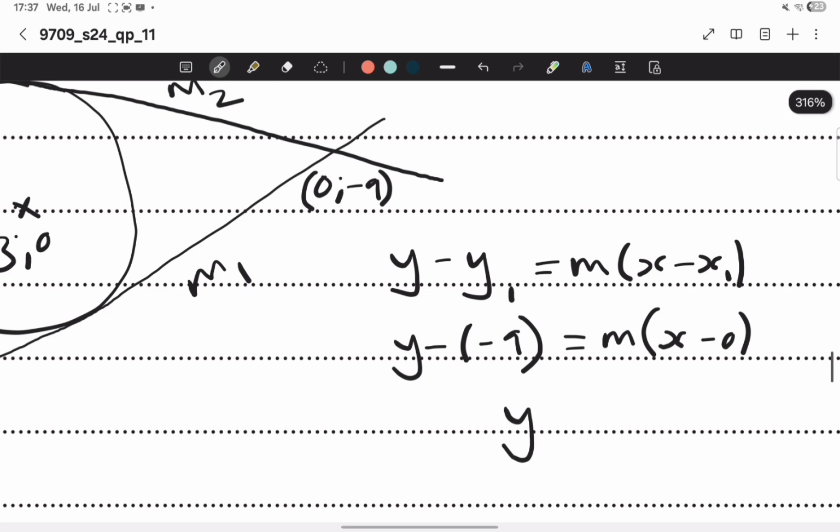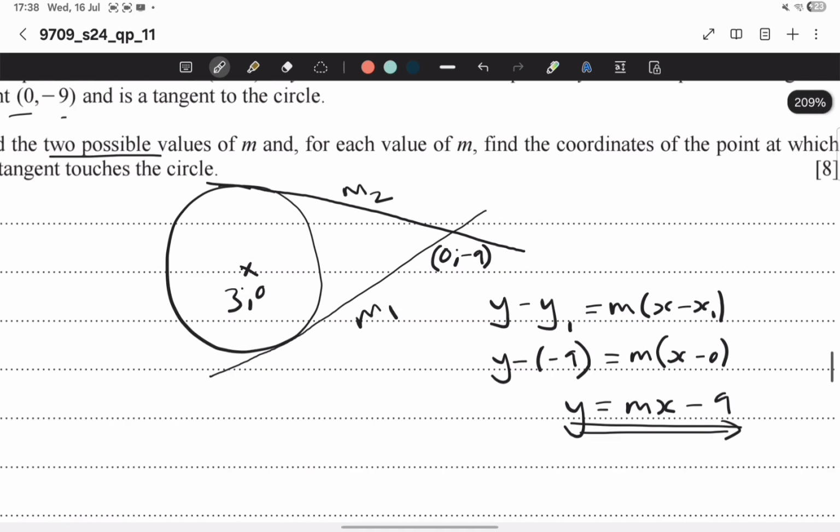So this will be y = mx − 9. This is the general equation for these two lines. With the respective values of m that we fit in here, we'll get the equation for each line, which are both tangents to the circle passing through (0, −9).